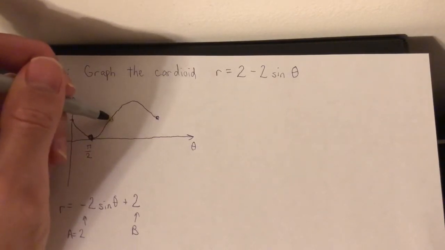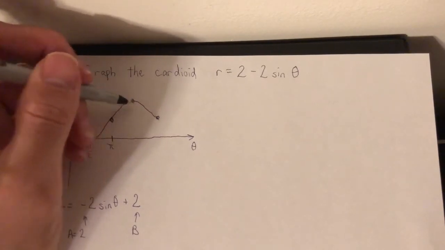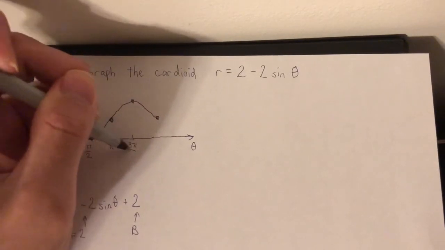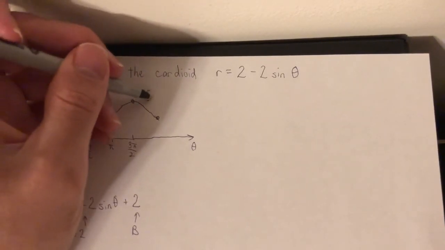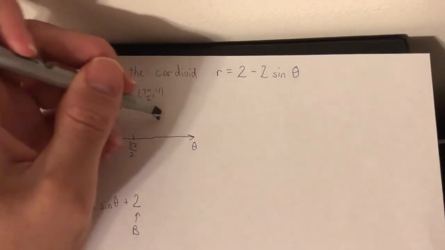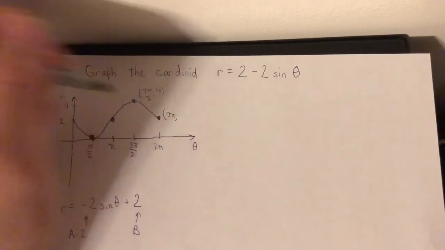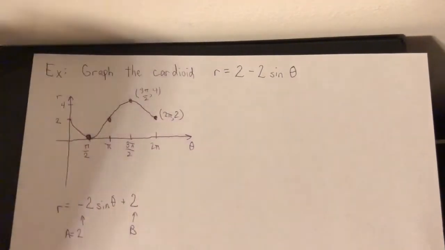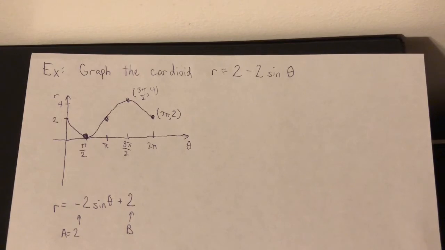And then back to our baseline at theta equals pi. Then at 3 pi over 2, we're going to hit r equals 4. And then back to our baseline at theta equals 2 pi. So 2 pi, comma 2. So not a lot of time to spend on that.